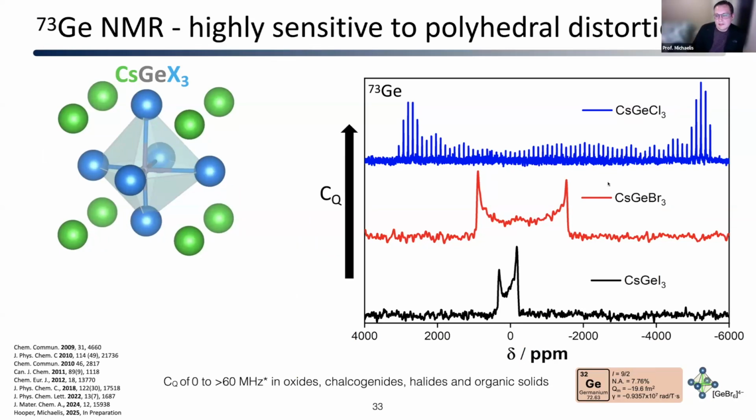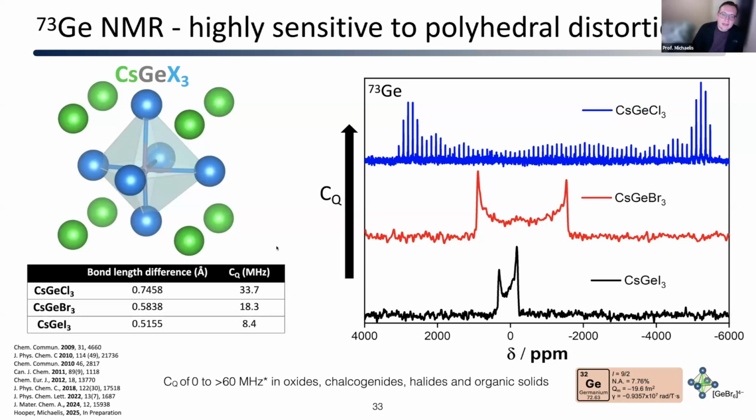And what he determined was actually fairly commonly seen in germanium. If you look at past studies in germanium oxides by the Craker group, some germanium studies by the Wong group looking at organic solids, and some of our work looking at chalcogenides and expanding to halides, you can see that the germanium chemical environment is quite sensitive to the polyhedral distortion about it.